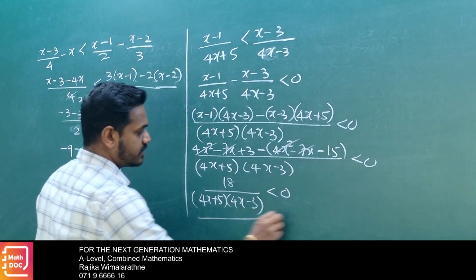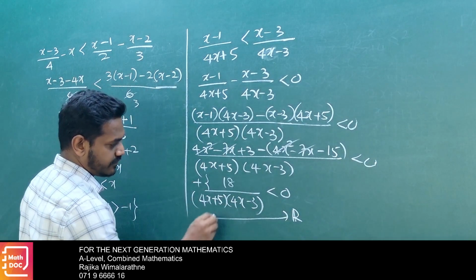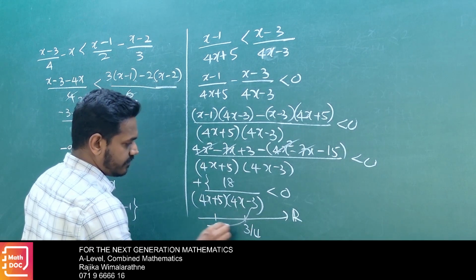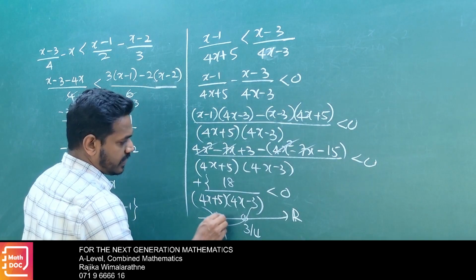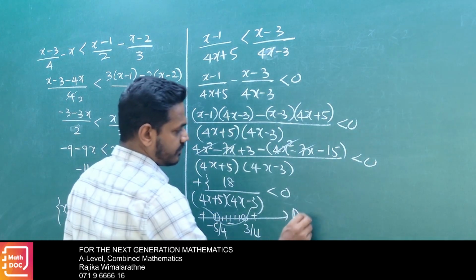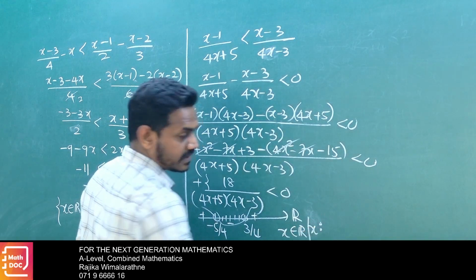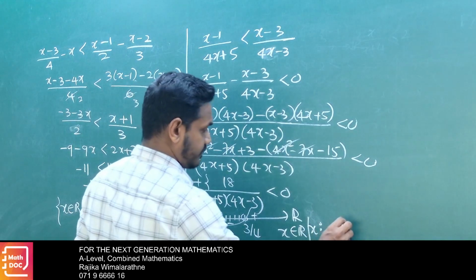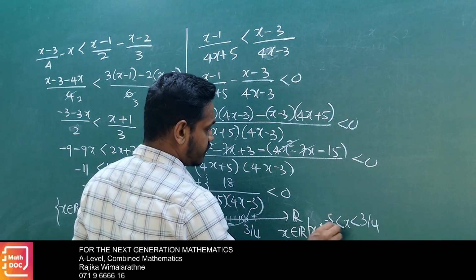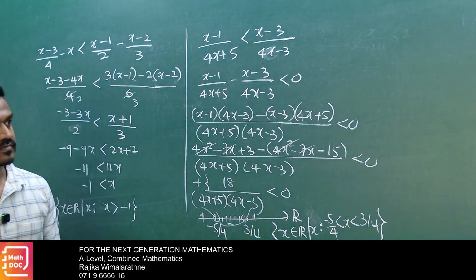Then we can select. No need to think about the numerator, it is positive. Minus 5 over 4, 3 over 4. Here the negative region. Then the final answer: x element of the real numbers such that x is between minus 5/4 and 3/4. That is the 8th one. Check your answers.